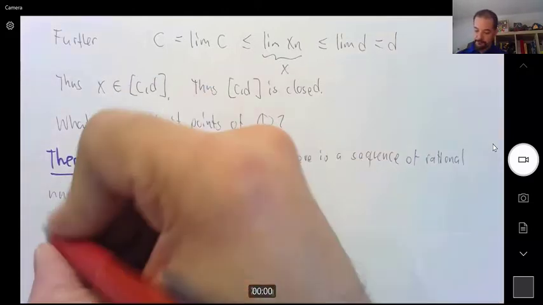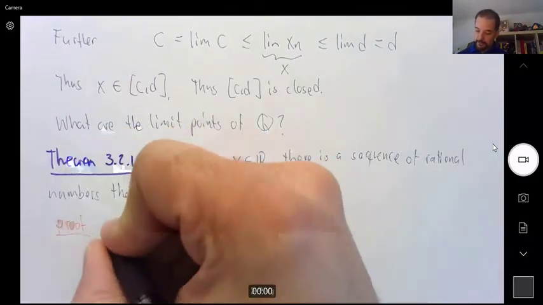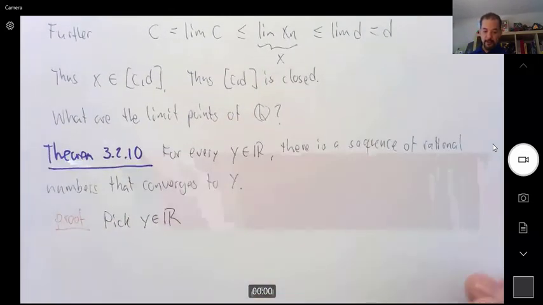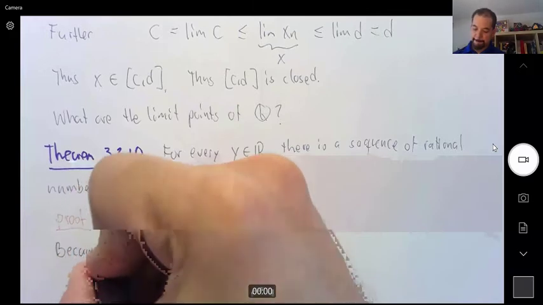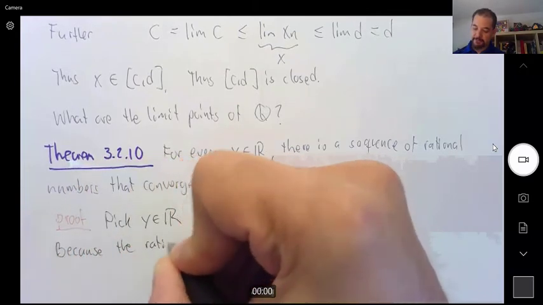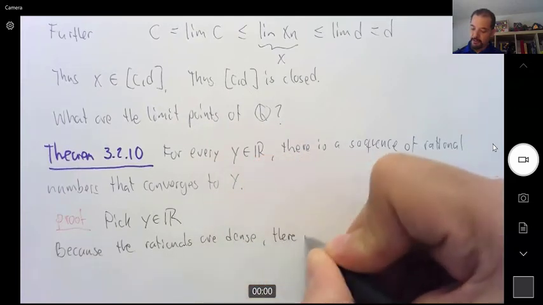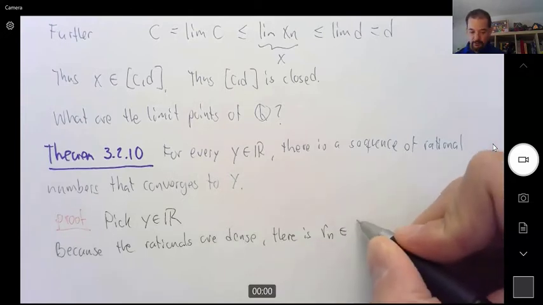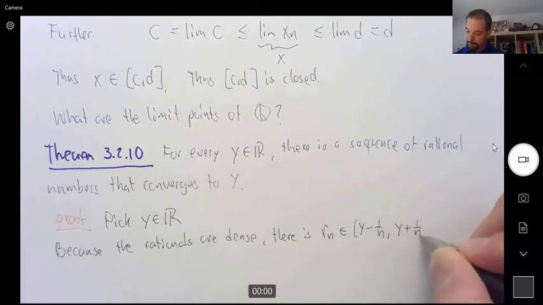Pick an arbitrary number, y, a real number. And then look at the interval y minus 1 over n and y plus 1 over n. Because the rationals are dense, we know that there is some rational number Rn that belongs to y minus 1 over n and y plus 1 over n.